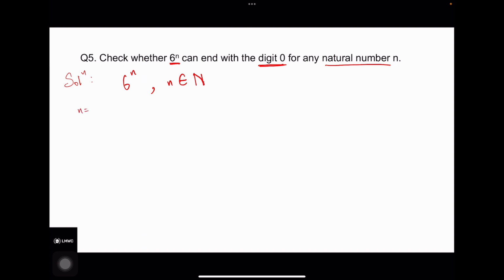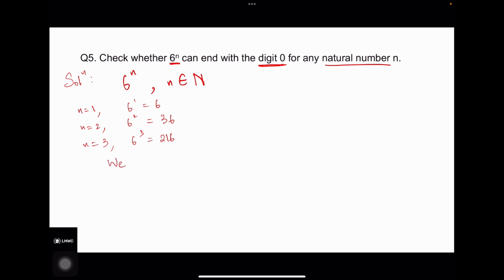For natural number 1, 6 to the power 1 is 6. For natural number 2, it will be 6 squared, which is equal to 36. And for natural number 3, 6 to the power 3 is equal to 216, and likewise.